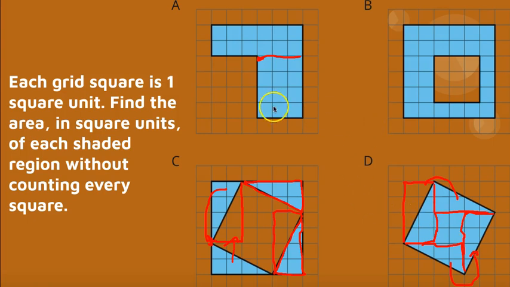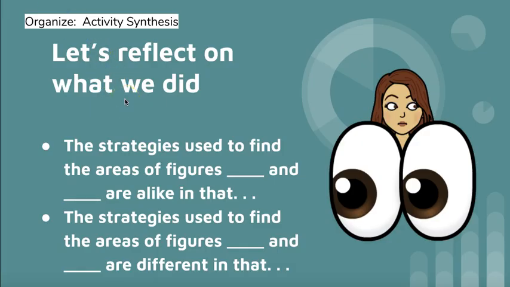So when we're going through and doing these, we can look at the pieces that we've got and how they can rearrange to give us something we can use easily. The big things we did here is we used strategies to find areas of figures that are similar and that are not alike in how they look. We also used strategies to move things around and rotate pieces to create square units that we could see much more easily.